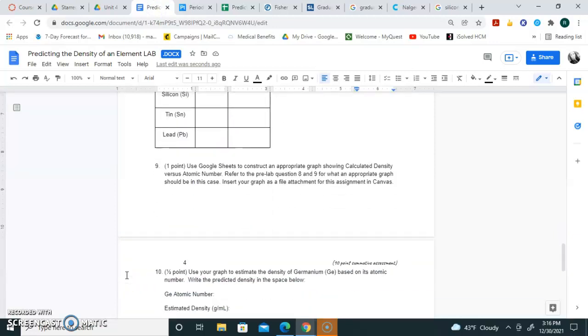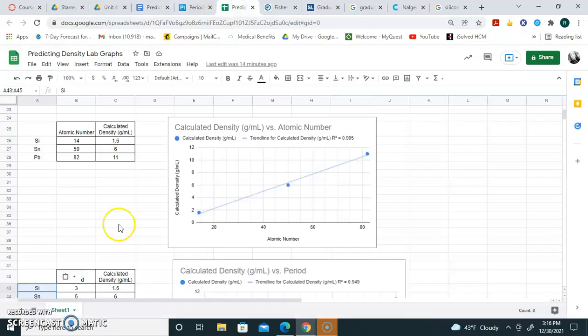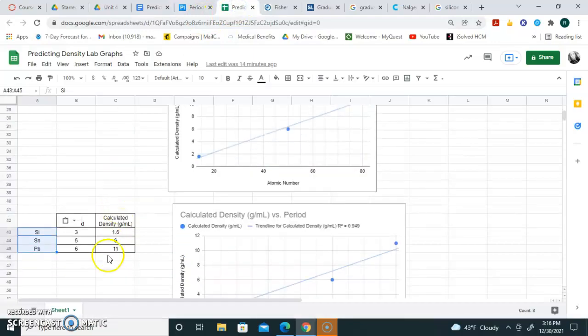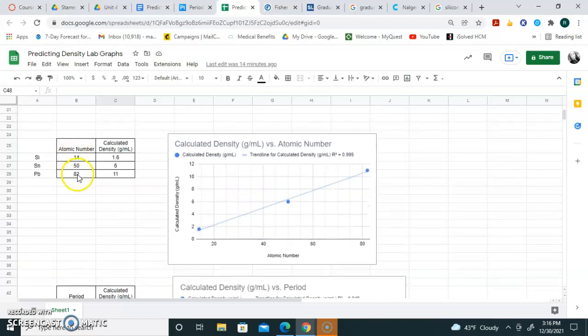For question number 9, you're going to use Google Sheets to make a graph. And the graph I'm asking you to make is density versus atomic number. So you're basically going to have something like this. Here's my Google Sheet. I'm going to show you what I have. So atomic number, I made myself a little table right here of atomic number for my elements.